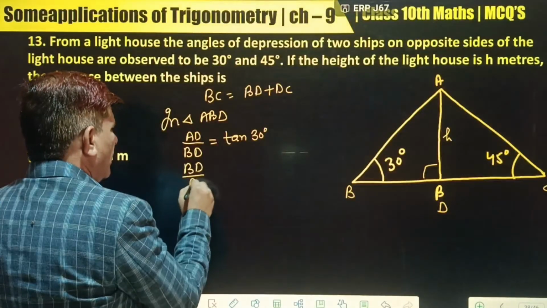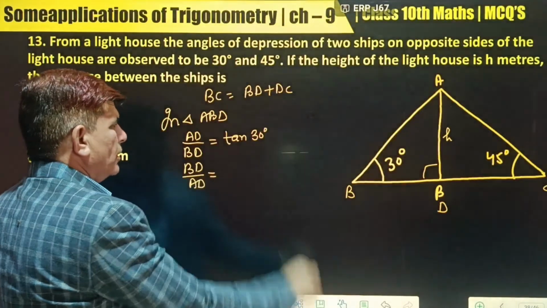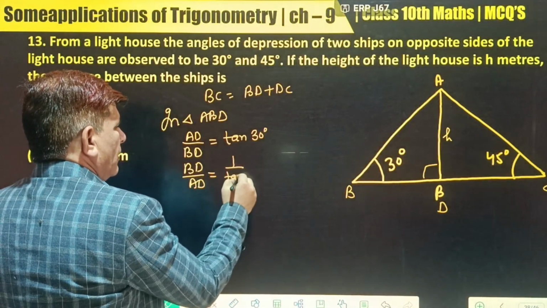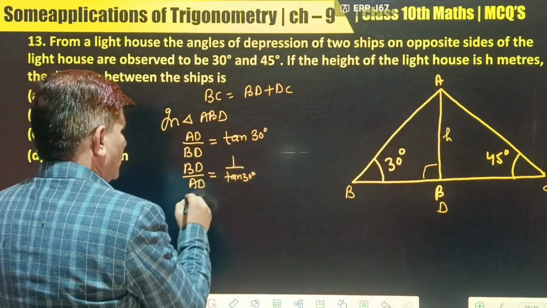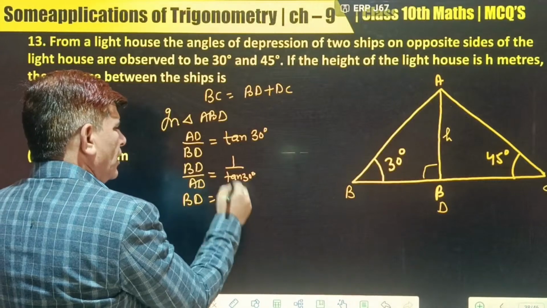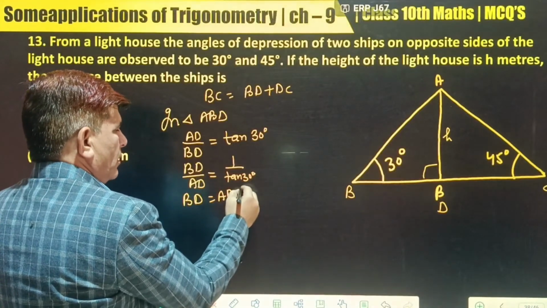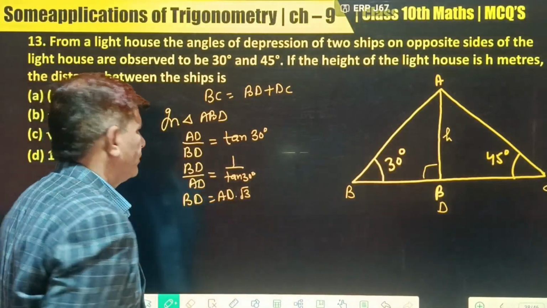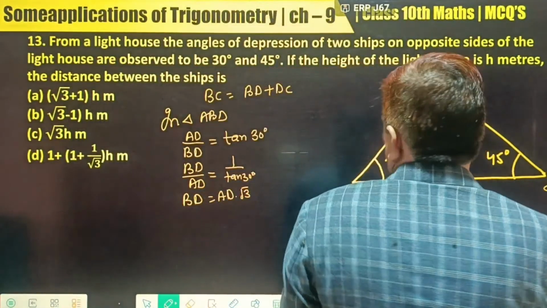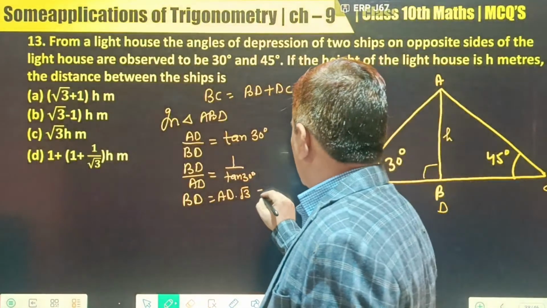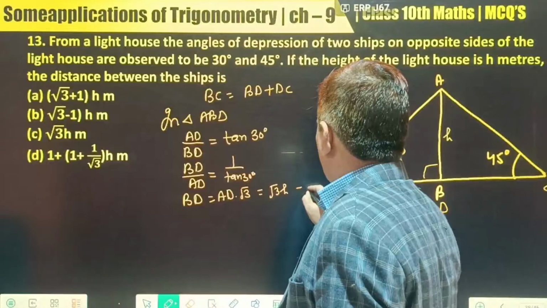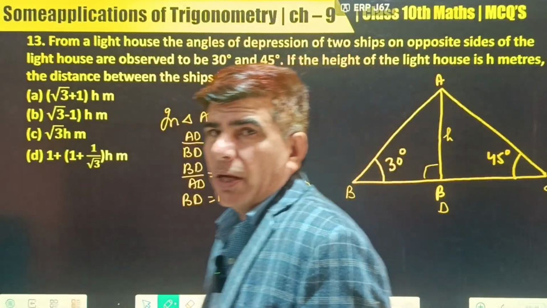BD by AD is equal to 1 by tangent 30 degree. So BD equals AD into root 3. What's AD? AD is the height. So we can say BD is root 3 H. This is your first result.